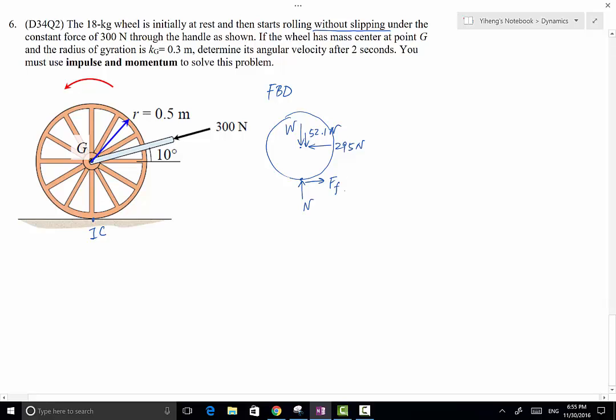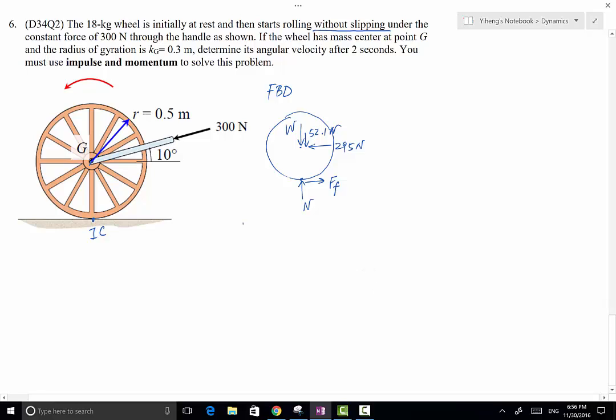Because at this point we do not know what the frictional force is, we should not sum the angular momentum about point G, because the friction creates angular impulse about point G. So for that reason, we're going to sum the angular impulse about point IC, because the unknown frictional force does not have moment about point IC, therefore does not have impulse about point IC.